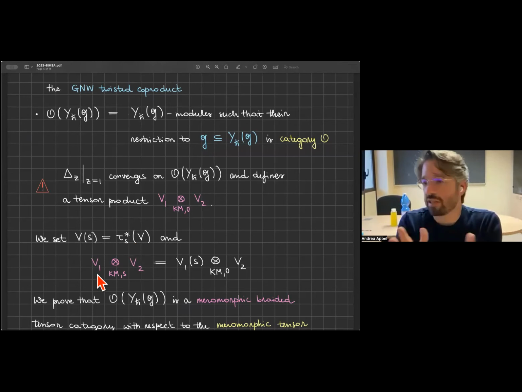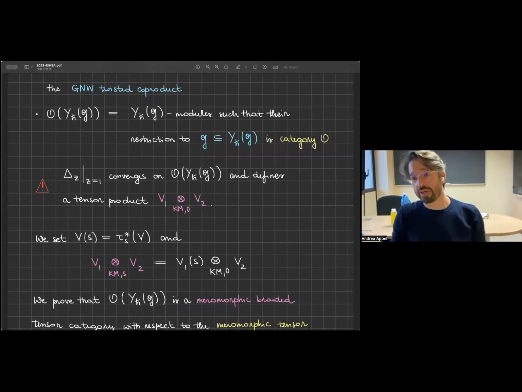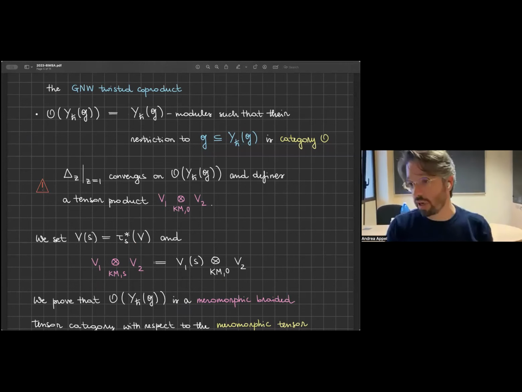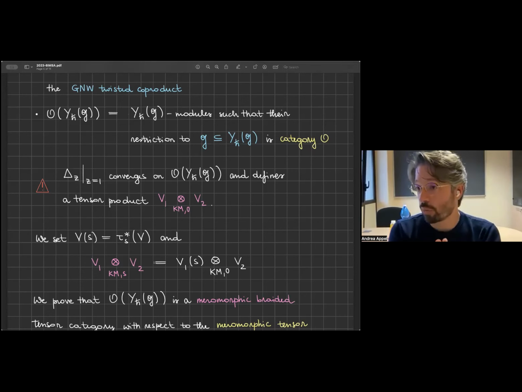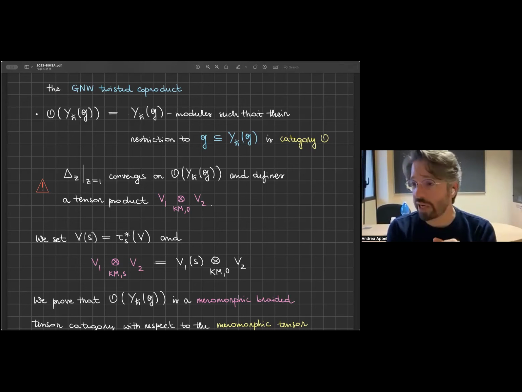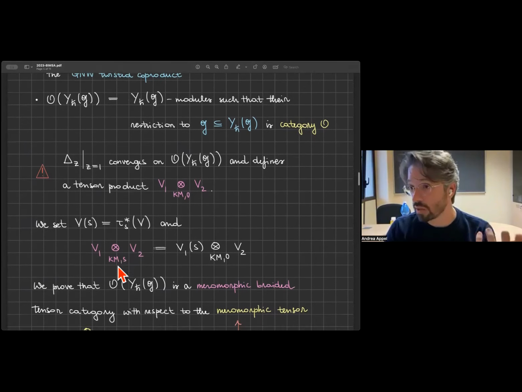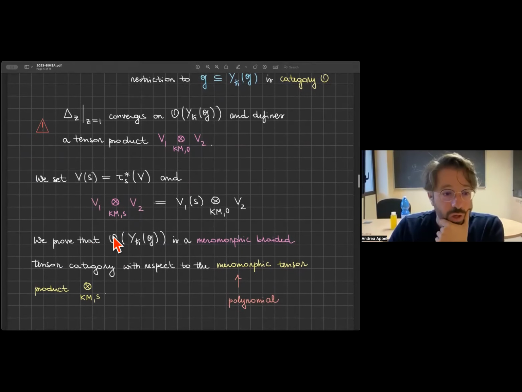And then I can define the tensor product of V1 tensor V2 at s to be simply the usual tensor product of V1_s tensor Kac-Moody 0 V2. So this means that we have a category of representations of the Yangian that admits a tensor product which depends on a parameter. In fact, it depends on this parameter polynomially.